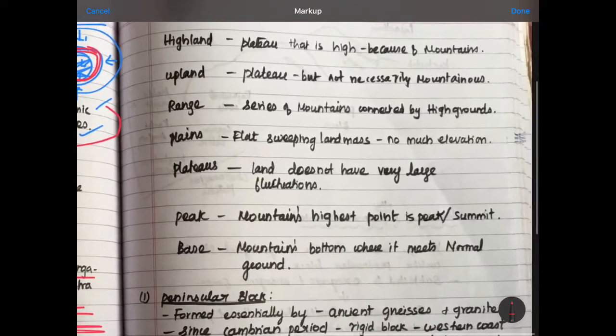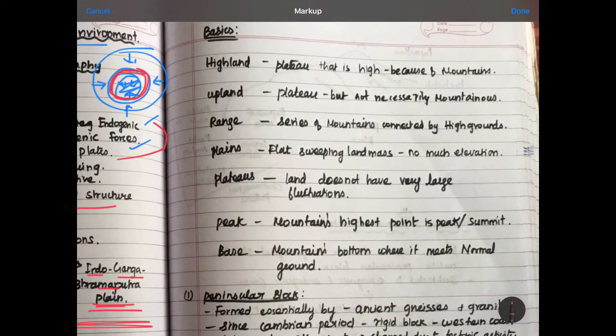Let us see other basic terminologies which are very important for better understanding. What is highland? These are Googled, additional information I added.